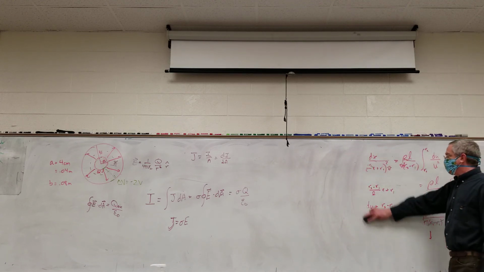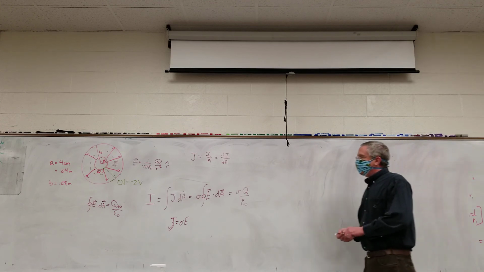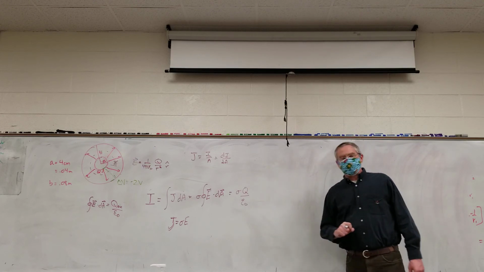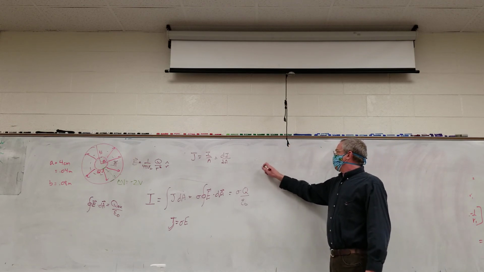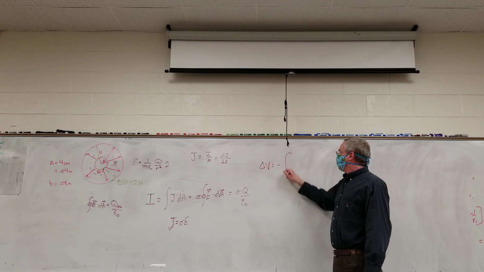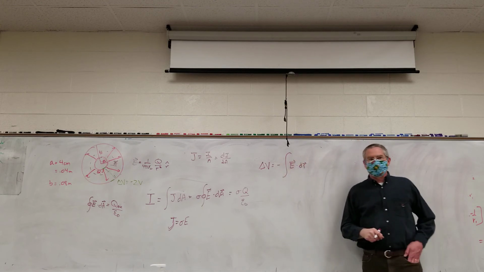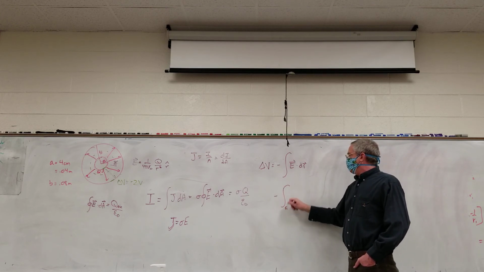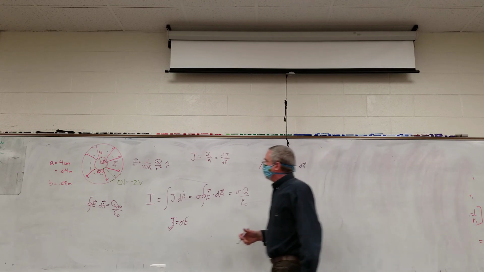All right, we need to figure out what the charge is in terms of other things. Now, I know what the potential difference is between the two spheres, so we're going to look at that relationship. I know that the potential difference is equal to the negative integral of E dot dr, which is the negative integral from A to B. Well, my electric field is in the direction of which we are integrating.